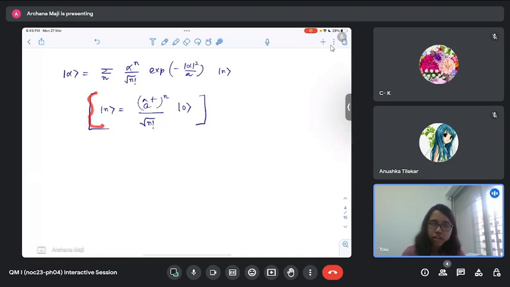You know this, right? Or should I explain this? So one particle state, how do you get? You act with a dagger on 0 ket, correct? And there is that normalization constant.